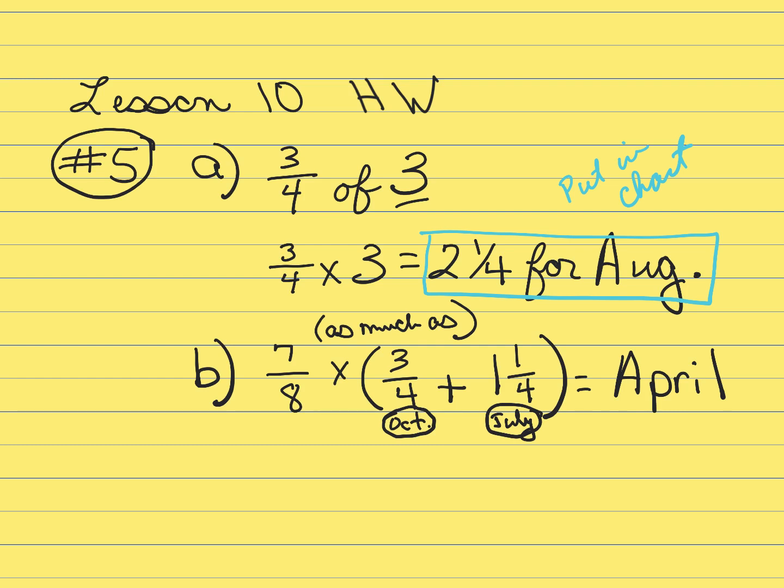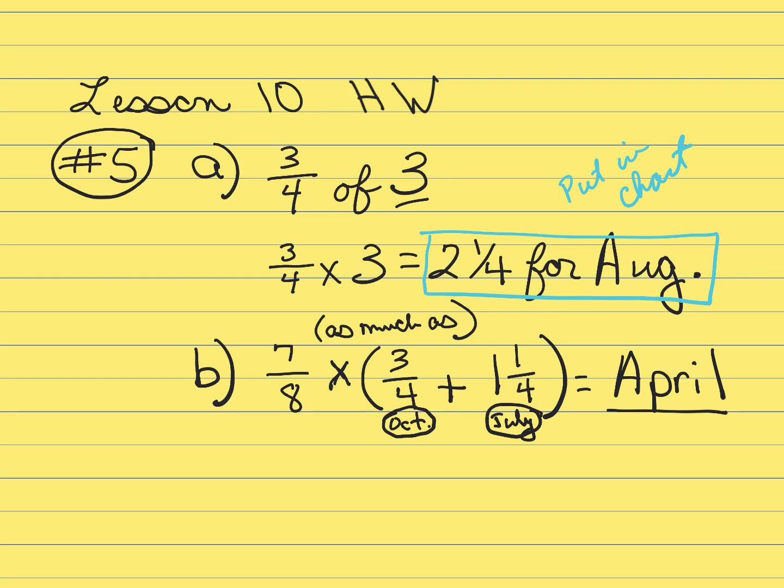Now let's look at B. In B, this is a little confusing, so I want you to read it carefully a couple of times, and then look at this equation. It says that she bought 7/8 as much as, and when we do "as much as," we know that's multiplication. In April, we don't know how much April is. But then it says, as she did in October and July combined. Combined means put together.